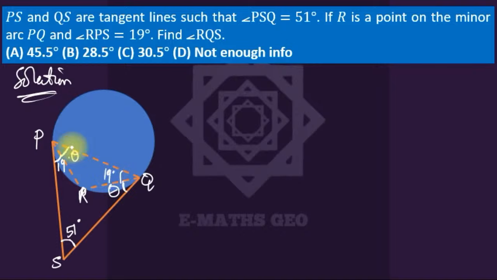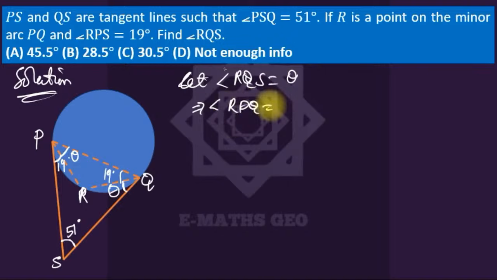So with that, we'll have a complete triangle, interior angle. So we said let angle RQX be theta, which implies that angle RPQ is equal to theta based on alternate segment theorem.